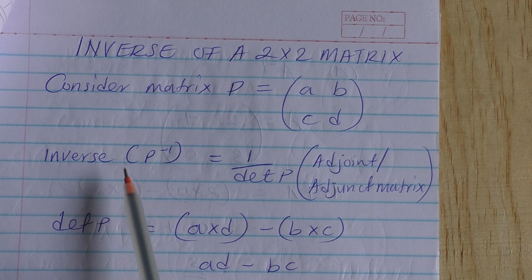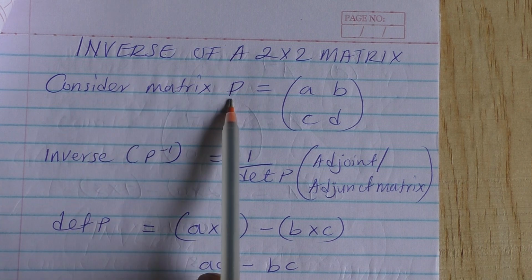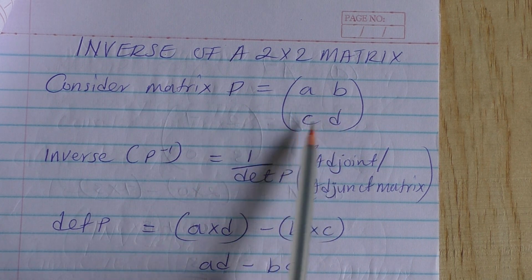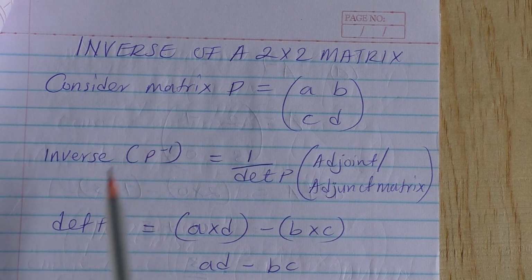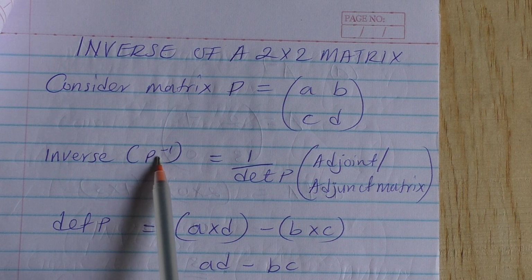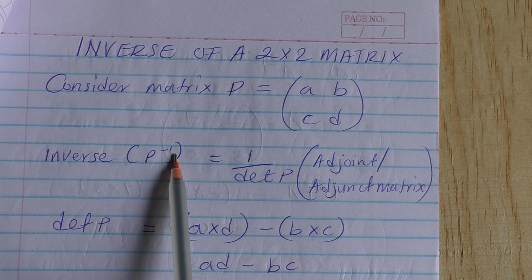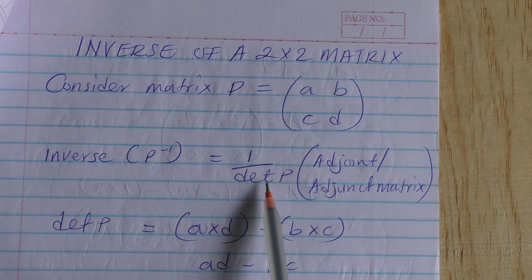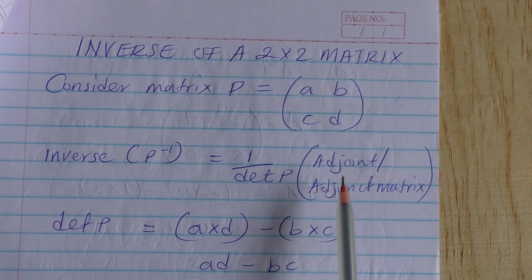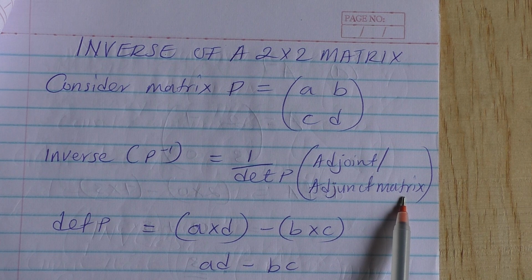For instance, we consider matrix P, which is A, B, C, D. The inverse of P is denoted as P power negative 1, which is given by 1 over determinant of P times the adjoint or adjunct matrix of P.